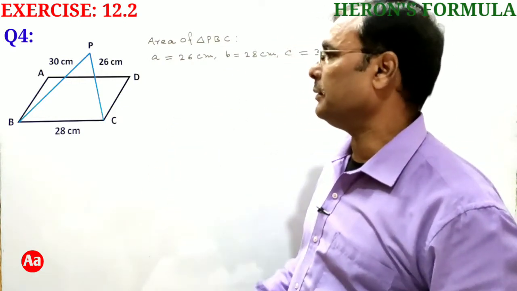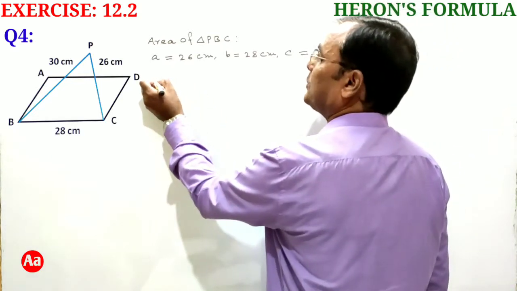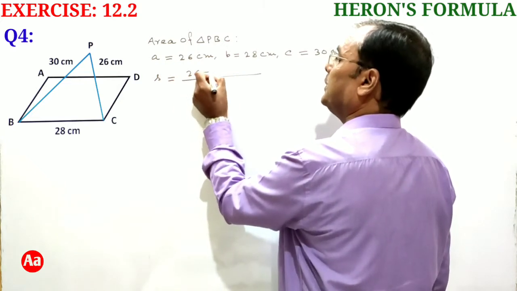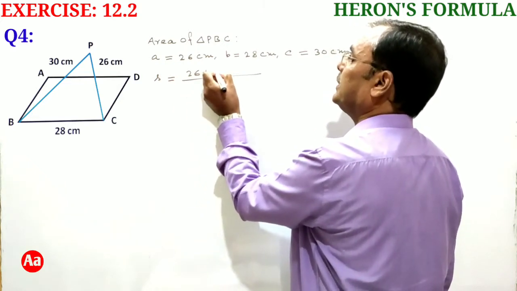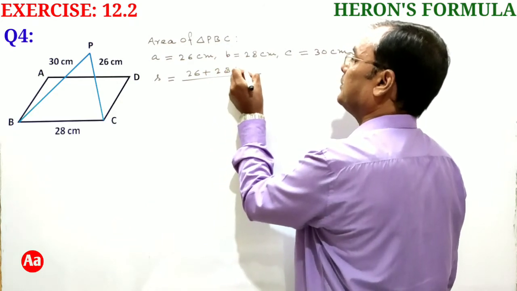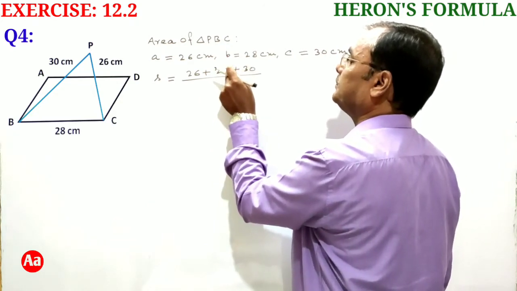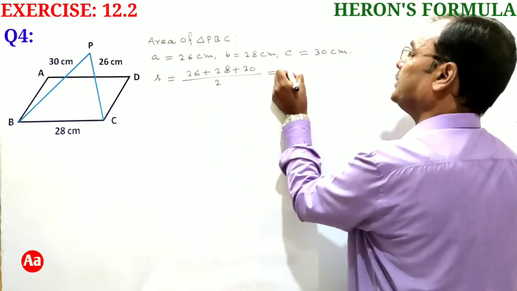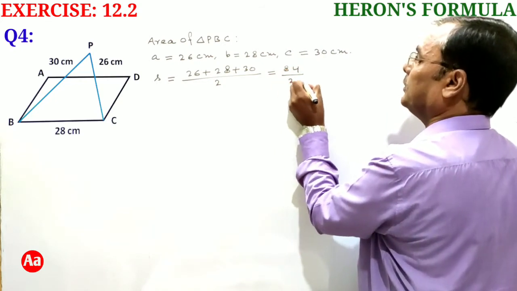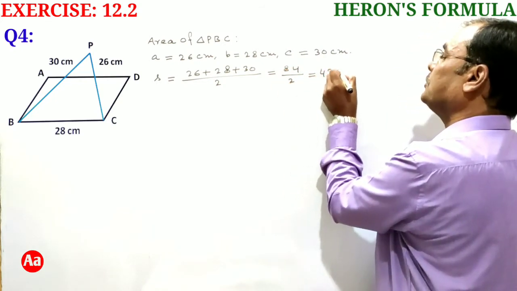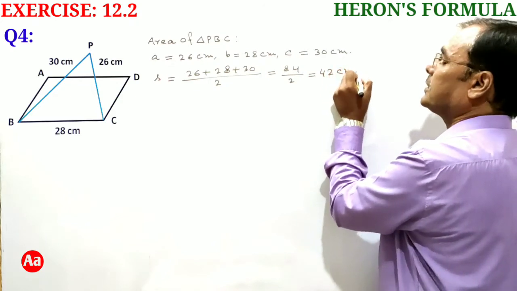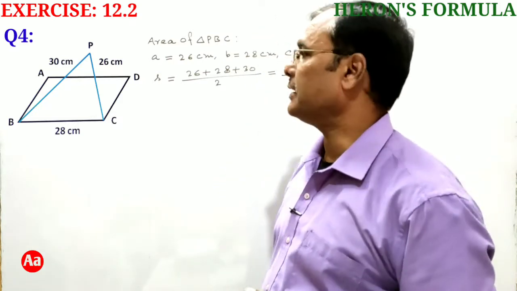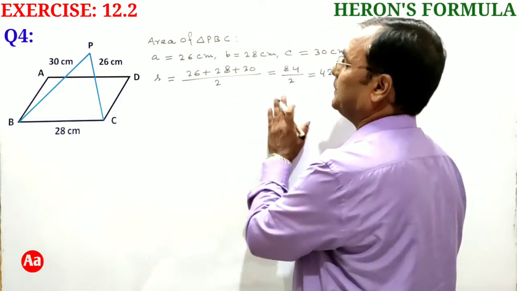So semi-perimeter S is equal to perimeter, sum of three sides 26 plus 28 plus 30, divided by 2, which is equal to 84 divided by 2, 42 centimeter. Semi-perimeter of triangle PBC, which is on the same base of parallelogram ABCD.